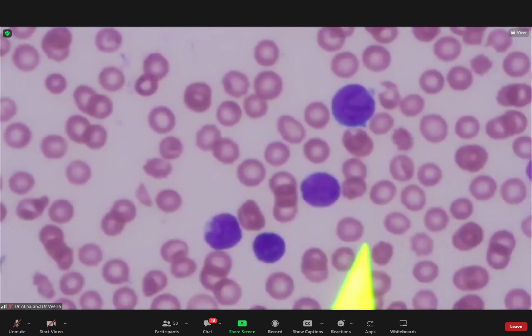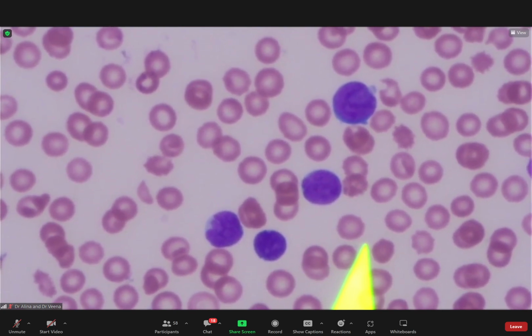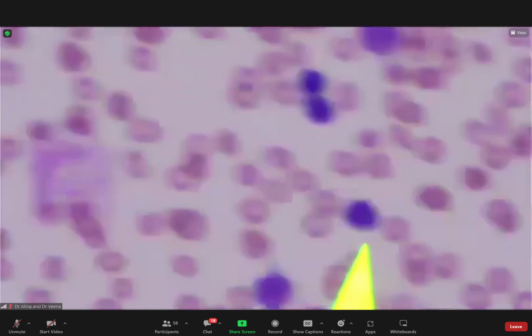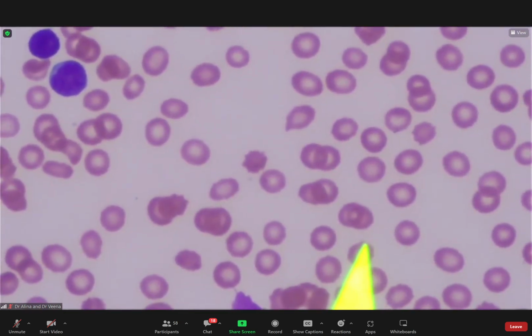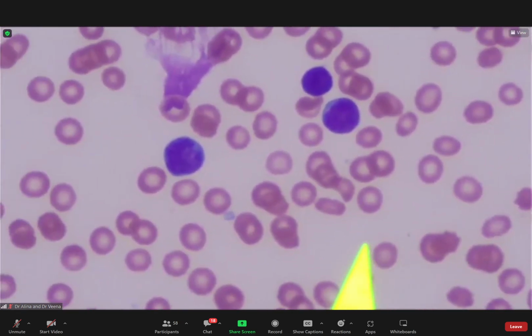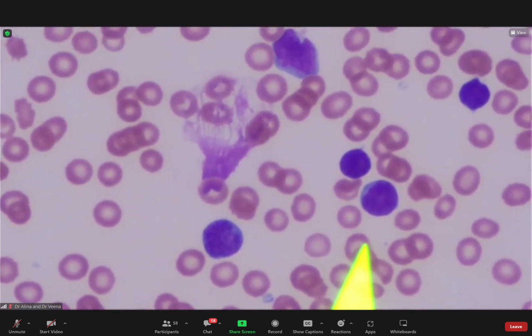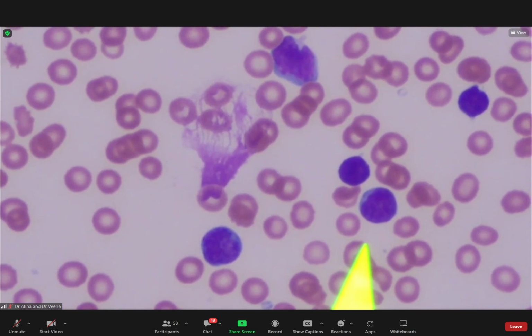Okay, but you're not wrong lah. Of course, if you do a bone marrow and do a flow cytometry of the bone marrow subsequently, obviously you're not wrong. If you are okay to commit, you can commit.